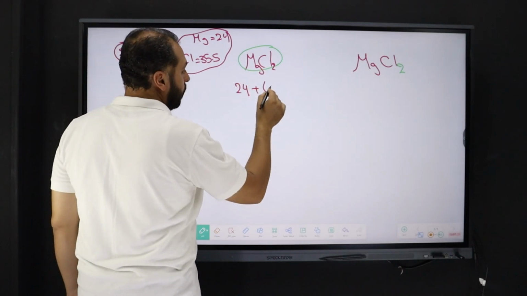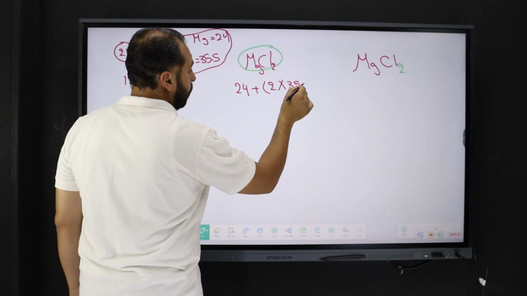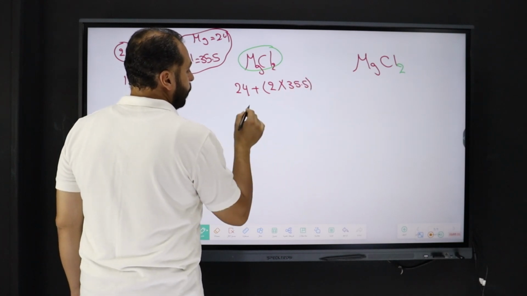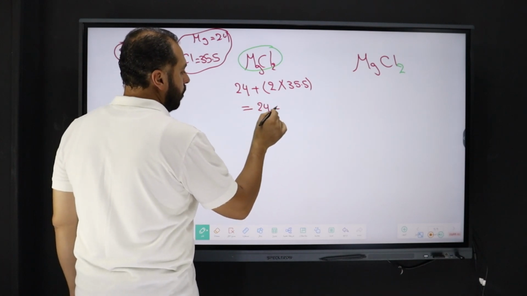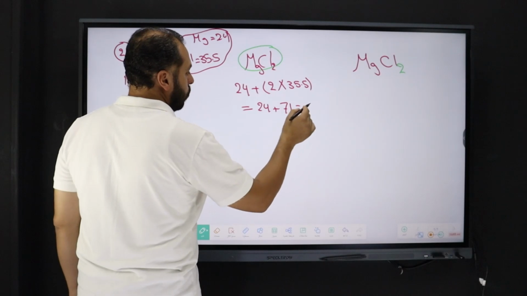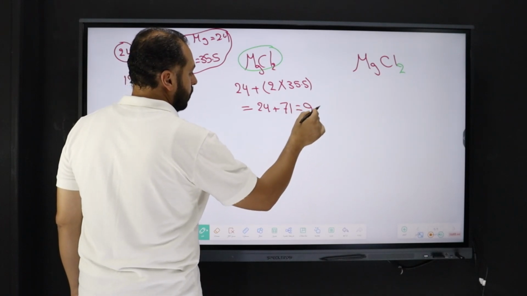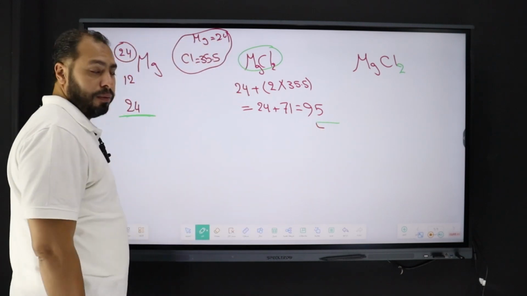So we have 2 times 35.5. So this mass equal 24 plus 71. So equal 95.